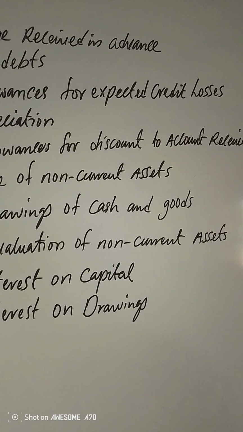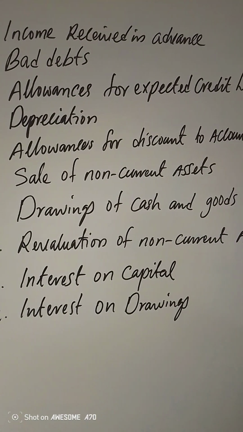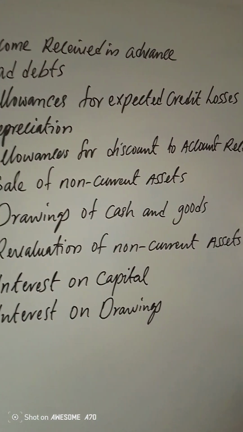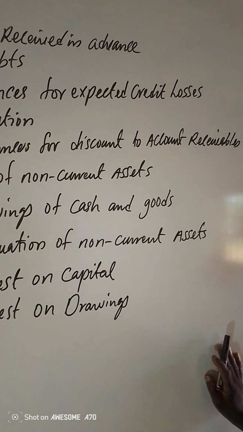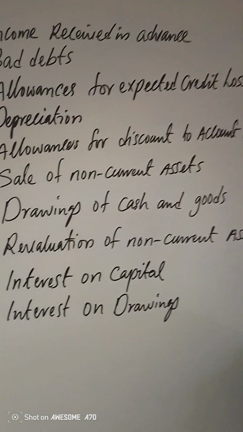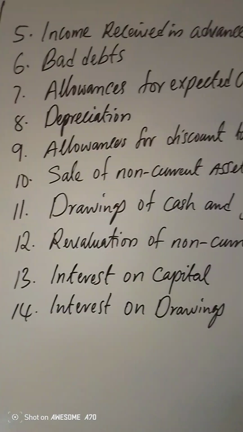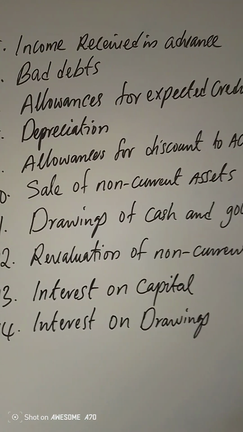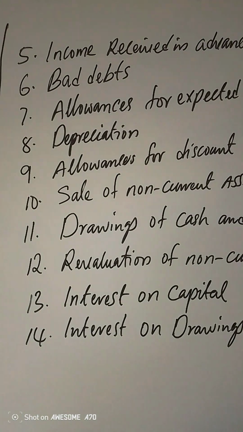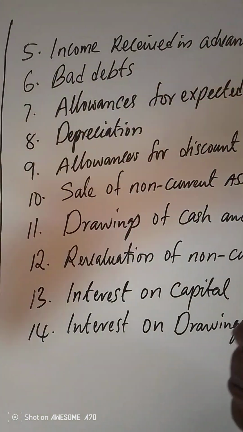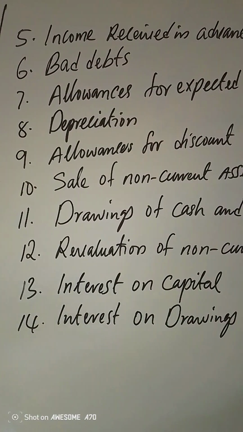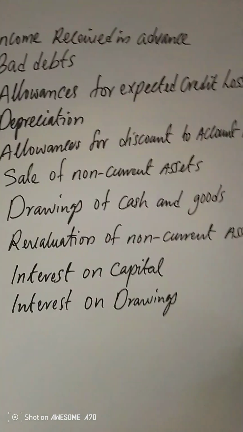The next one is what is called allowances for expected credit losses, what is called provision for bad debts hitherto. This refers to the allowances made on customers' debts that the business expects to collect. Customers are expected to be encouraged to enable them to pay their debts. So for such arrangement, provision for bad debts is made on debts that the business expects to collect, but it is a matter of probability whether they will collect it or not.